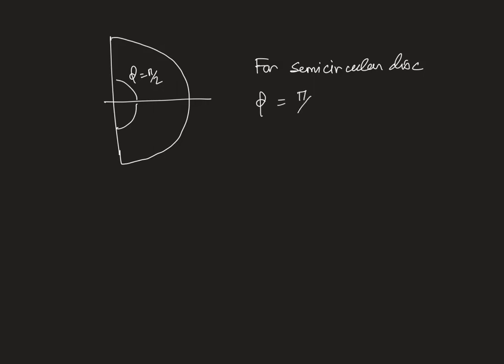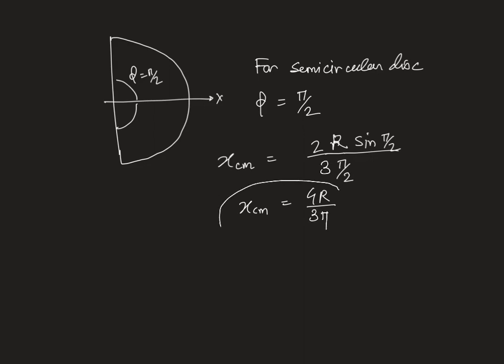So xcm is equal to 2R sine pi by 2 divided by pi by 2, times 3, so xcm is equal to 4R by 3 pi. So that's verified. Now we'll try out by a different method.